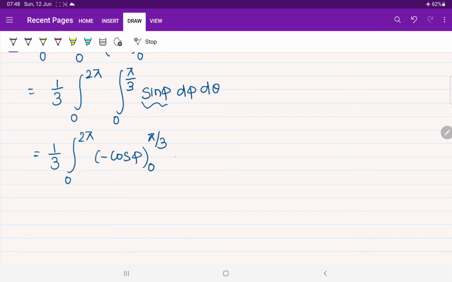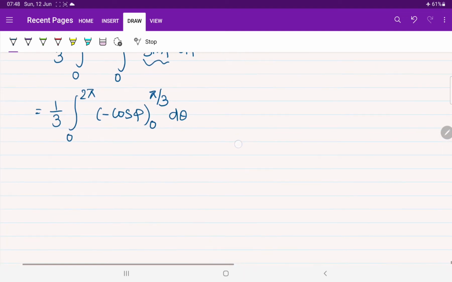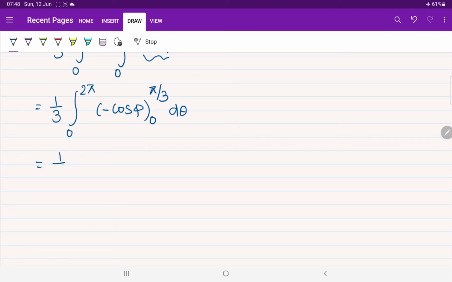It's time to substitute the limits. The upper limit will give minus cos pi by 3. While going along with the lower limit, we get one more minus, so minus into minus will become plus. Cos 0 will give us 1.